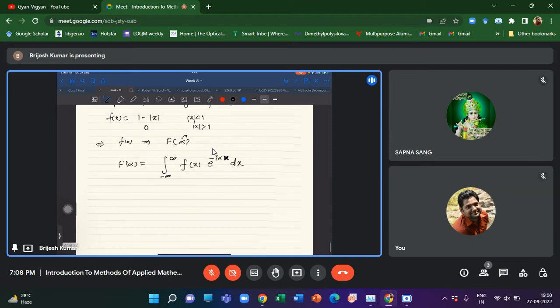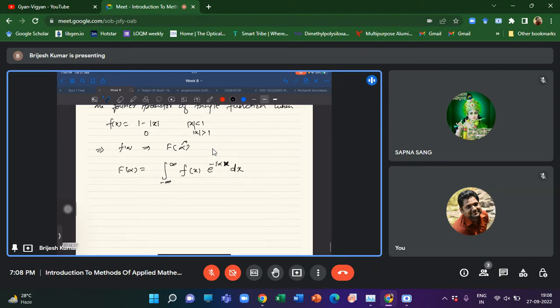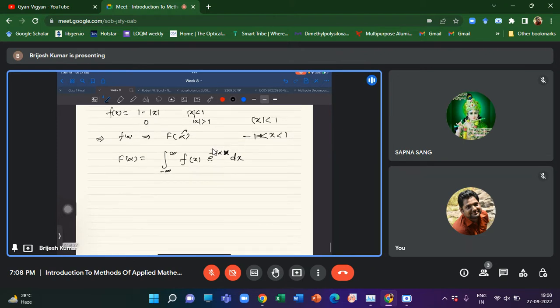When mod x is less than 1, x is between minus 1 and 1, and in this region f(x) is 1 minus mod x, and outside it is 0.